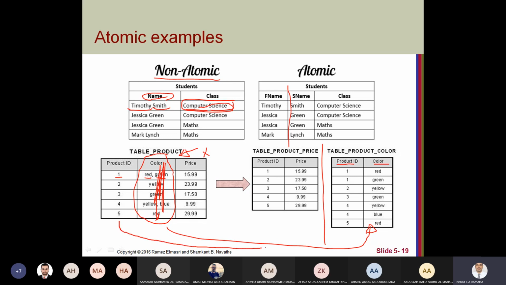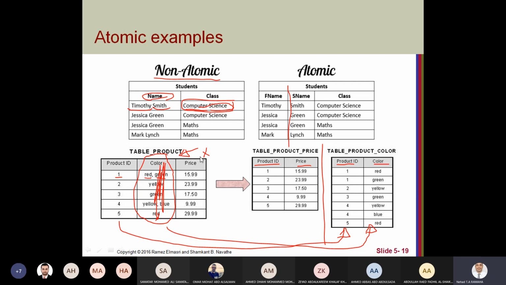I take a copy of the product ID. So what will remain here is the product ID with the price. Okay, then it will be divided into two relations.